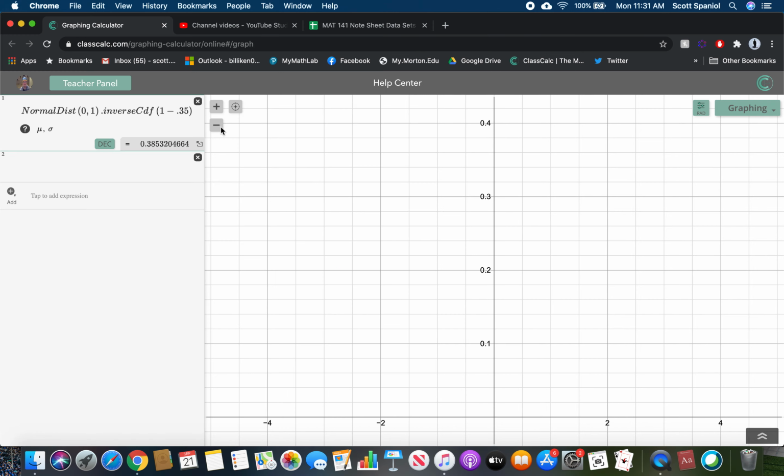Okay, so I would do the same thing I did here, except I'm going to put in 0.005, which tells me it's negative 2.576. And then if I want the data value on the right, I need to add 99% to that. Right?